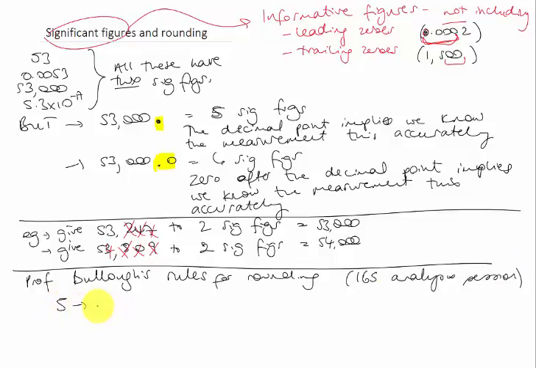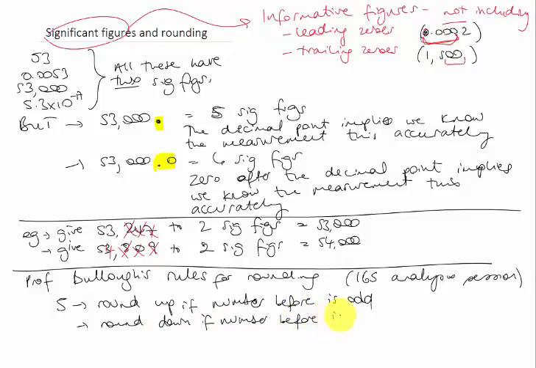So a 5, you round up if the number before it is odd. So in this case we would round up, but you round down if the number before is even. So 53,809 would be 54,000 to two significant figures, but 52,809 would be 52,000 by this rule.